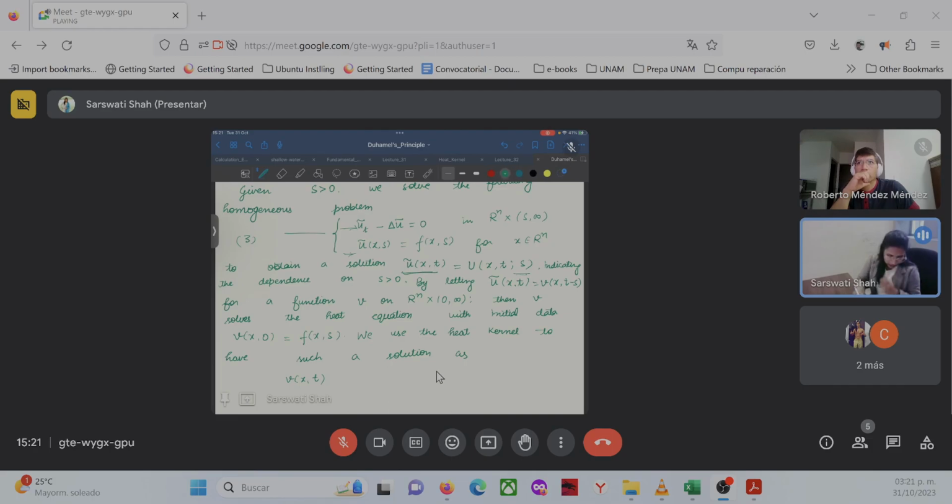So we can write the solution as the integral over Rn of k x y times the solution of the homogeneous heat problem with the non-constant initial data. That non-constant initial data is supported by the heat kernel.